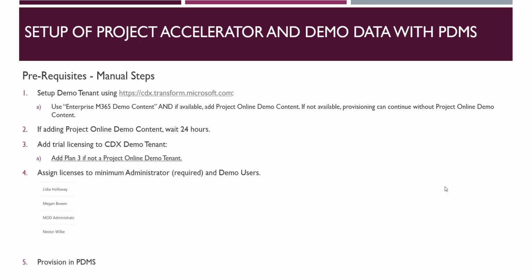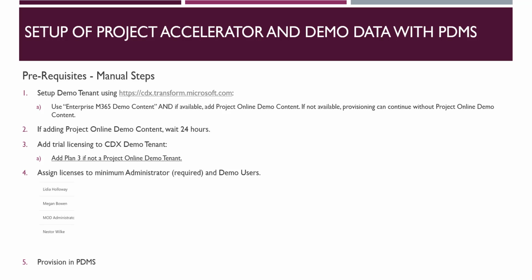If you do use Project Online demo content, as you know, you have to wait for the entire add-on to be provisioned. If you're using an Enterprise M365 demo content without Project Online demo content, go ahead and add the Plan 3 trials to your tenant for the users that we list here that are part of the demo.